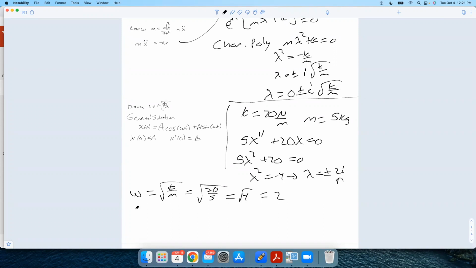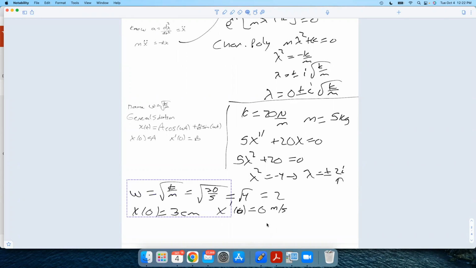Let's assume x of 0 is 3 centimeters, and let's say we're starting this mass on a spring with no velocity. So I've stretched out a spring 3 centimeters, let it go from rest.